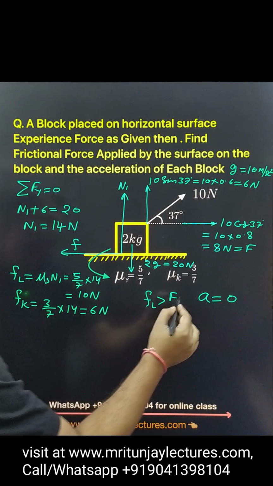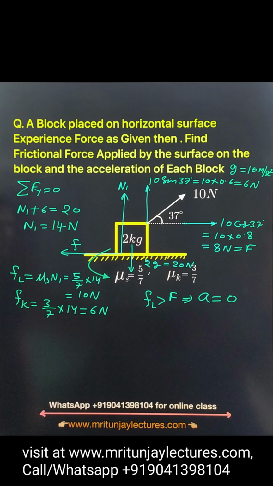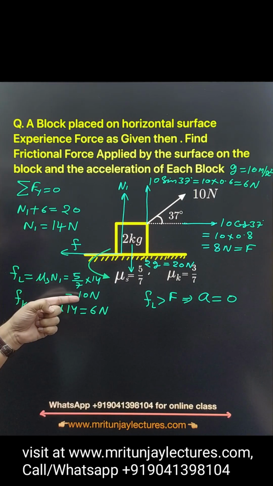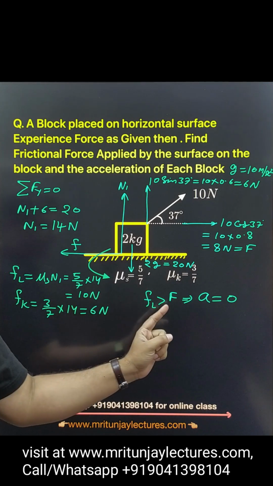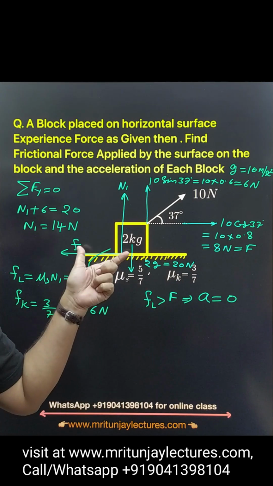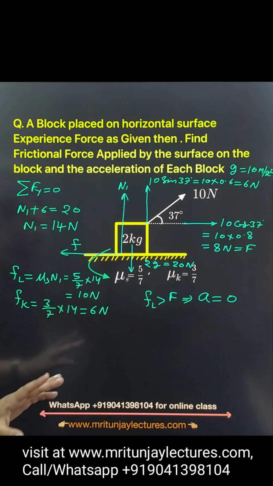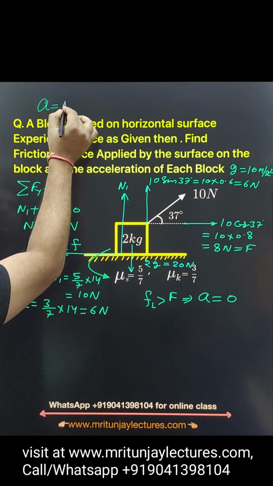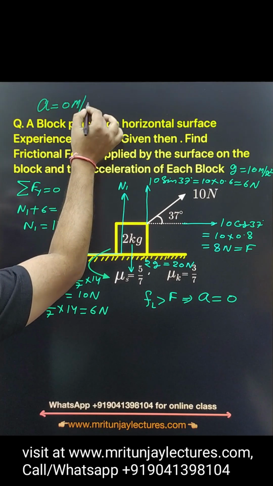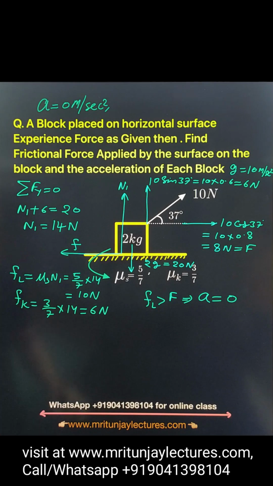I hope it is clear. Limiting frictional force is 10 Newton, driving force is 8 Newton, so the limiting frictional force is greater than the driving force. It means this block is not moving. If this block is not moving, then the acceleration of the block is how much? 0 meter per second square.